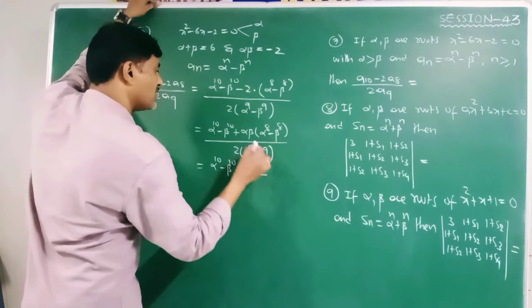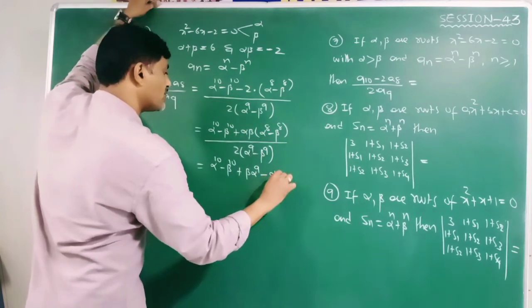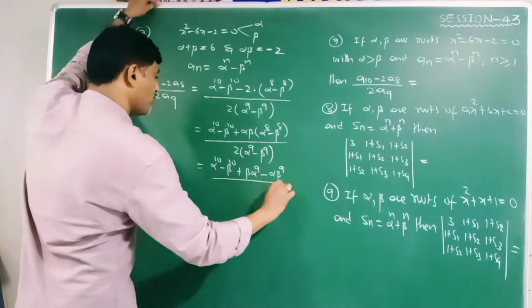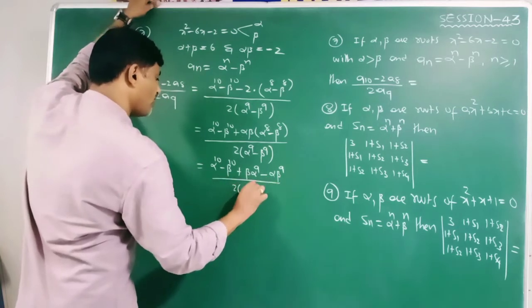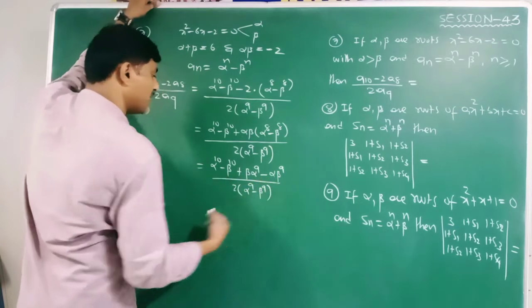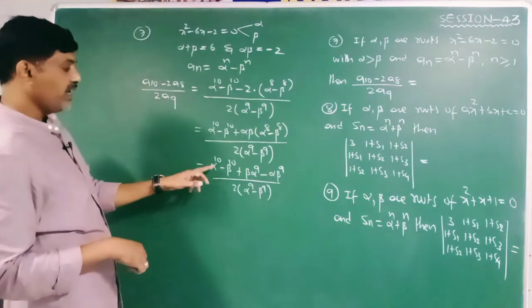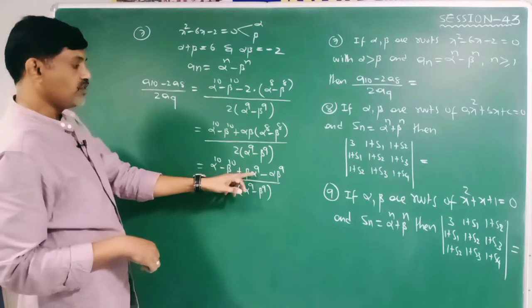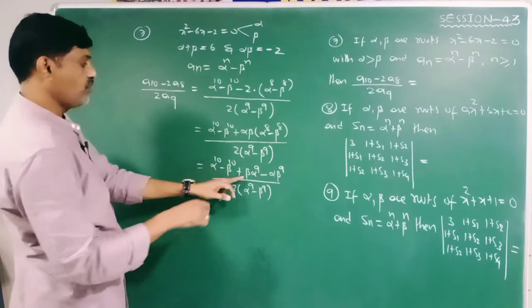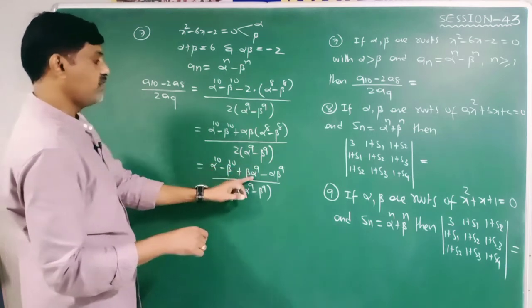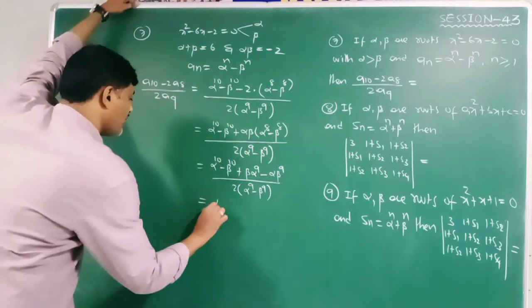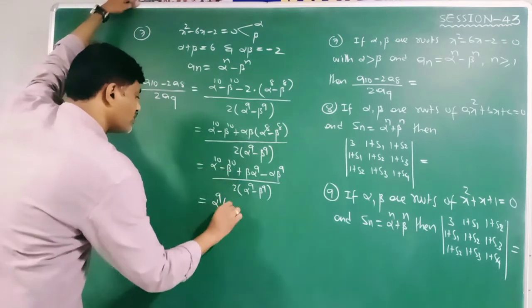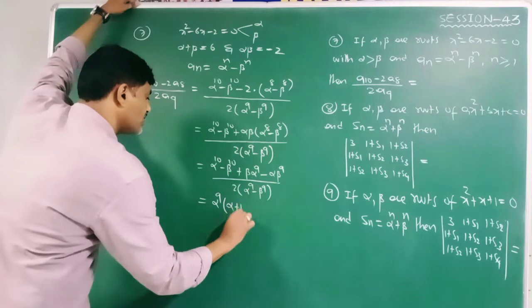minus alpha times beta power 9, divided by 2 times (alpha power 9 minus beta power 9). Here alpha power 10 is there, here beta into alpha power 9 is there. From these two, alpha power 9 is common. Now this is alpha, and this is beta.